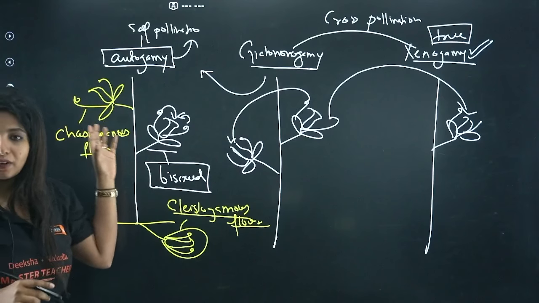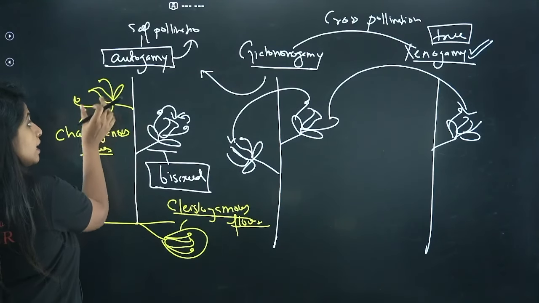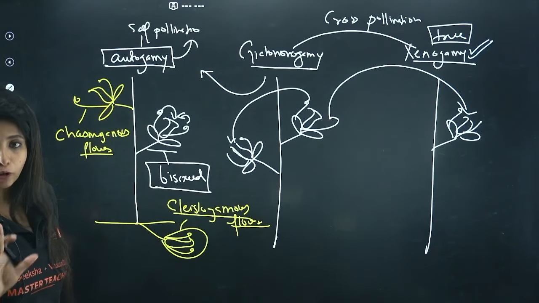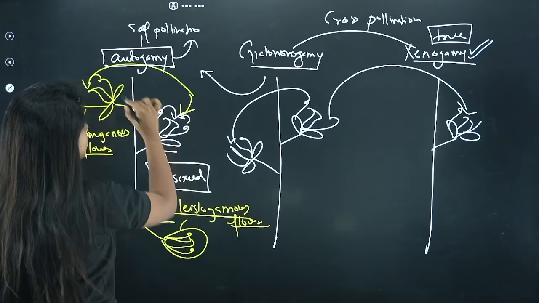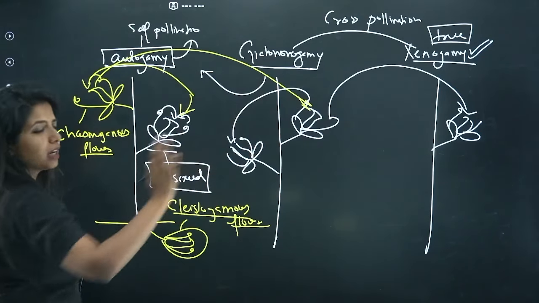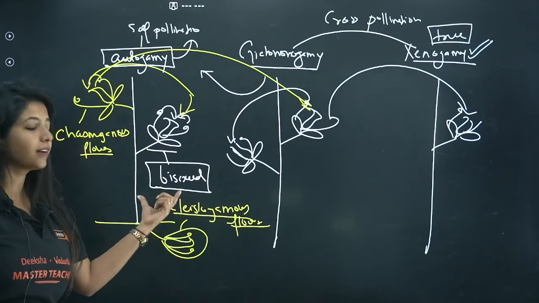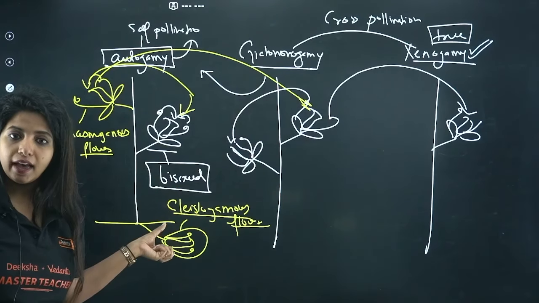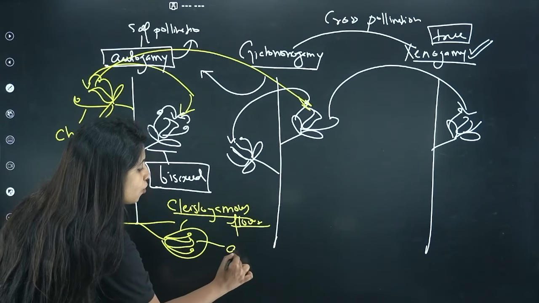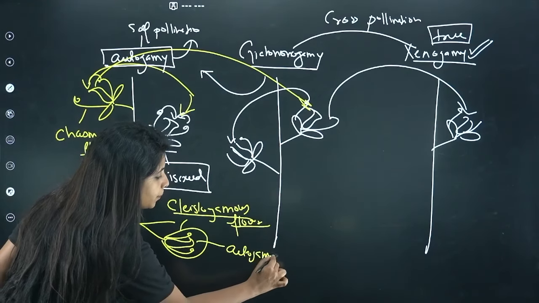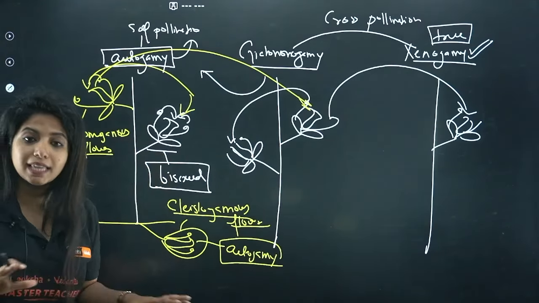In chasmogamous flowers, since they are open and have both male and female parts, they can show autogamy, geitonogamy, and xenogamy also. They can show all types of pollination. But what about clistogamous flowers, which are closed and have male and female parts? The closed ones will always show autogamy only, nothing else.